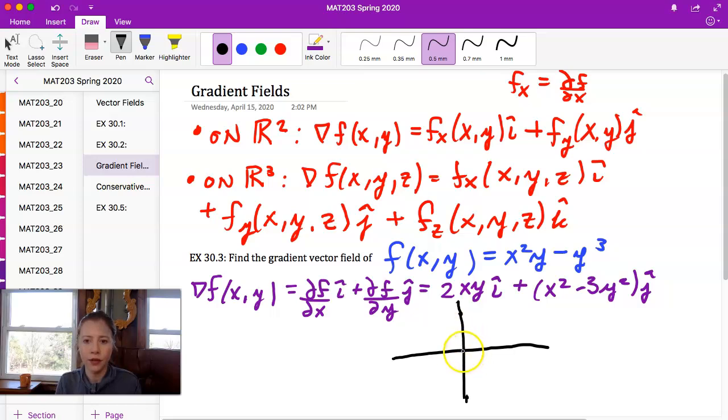Well, at 0, 0, we are going to have 0, right? So we have 0, 0 at the origin. And another thing that we'll notice is that if we went through and plotted the level curves, it looked something like a saddle, this function.